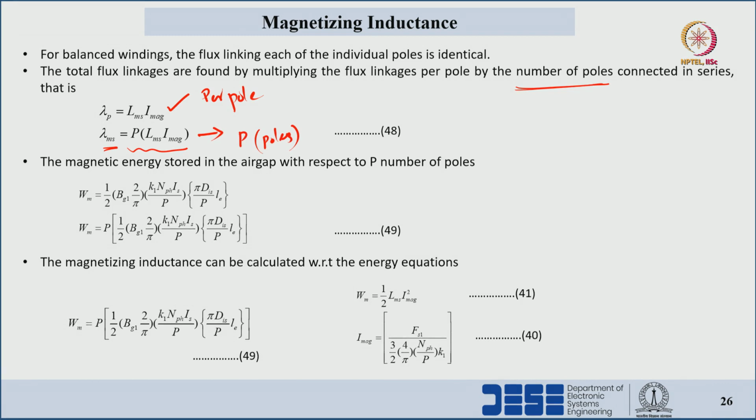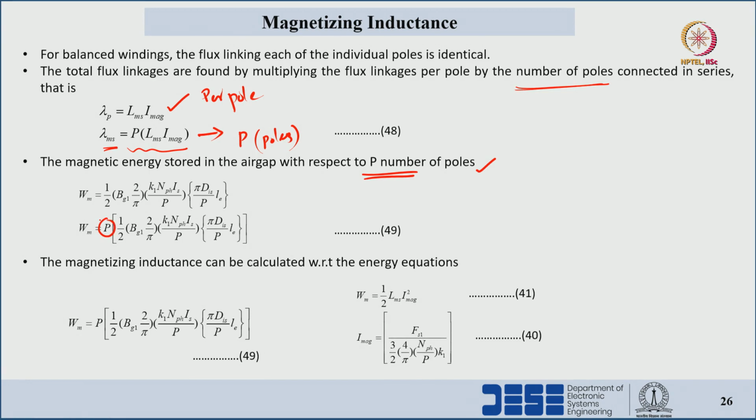So, we will calculate the magnetic energy stored in the air gap with respect to the P number of poles. Earlier we calculated the magnetic energy stored in the air gap per pole, right. Now, P is the number of poles.